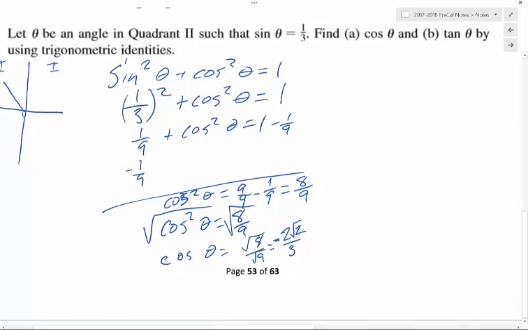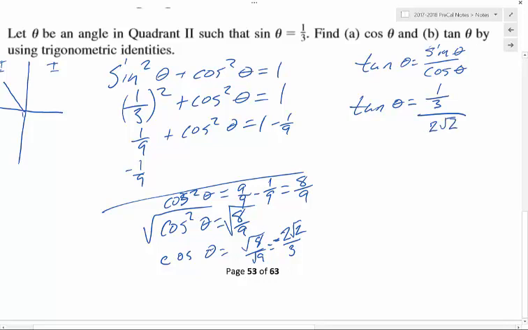So now I'm going to find the tangent. Because of the quotient identity, the tangent of theta is equal to the sine of theta over the cosine of theta. So the tangent of theta will be 1 over 3 over 2 times the square root of 2 over 3.